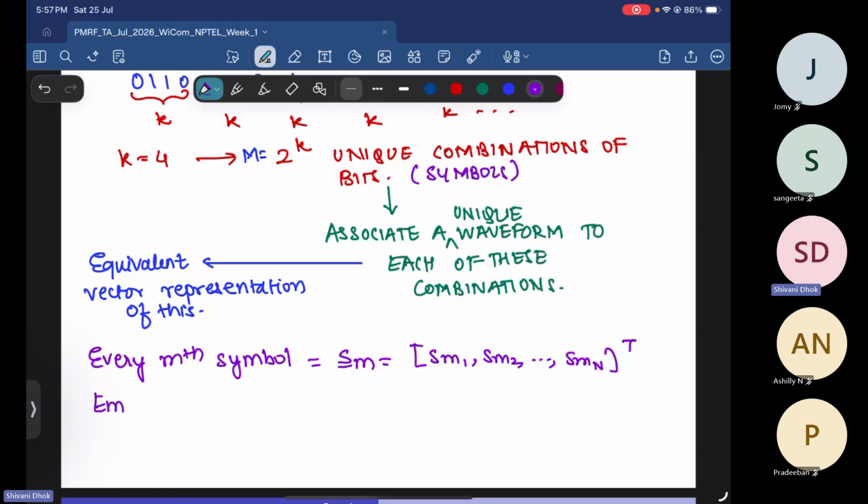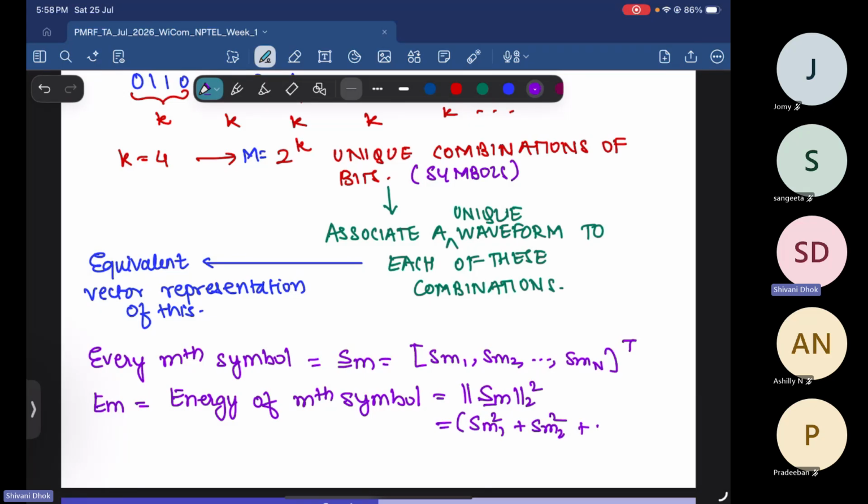So Em is basically the energy of the mth signal, and this is given by the Euclidean norm, or in other words, this is basically sm1 square plus sm2 square and so on till smn square. This is nothing but the Euclidean distance of this vector from origin.